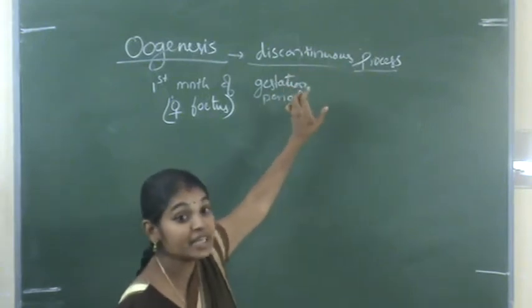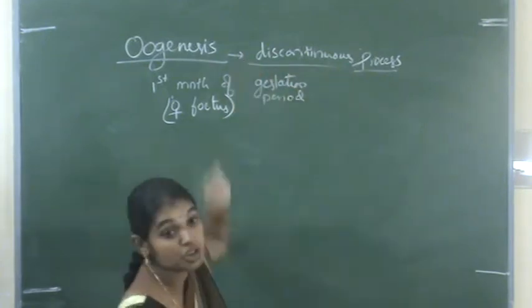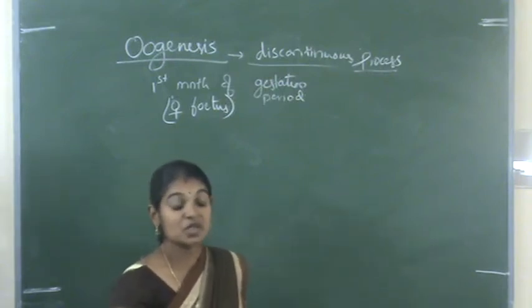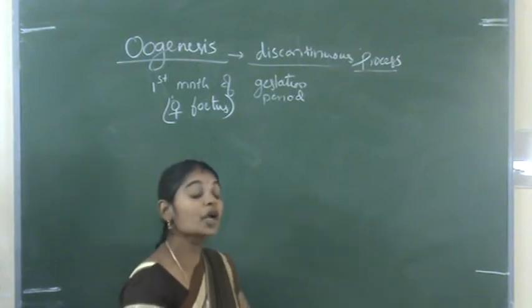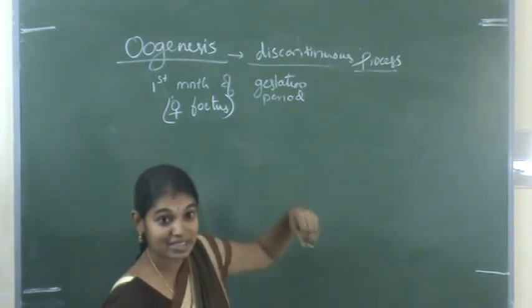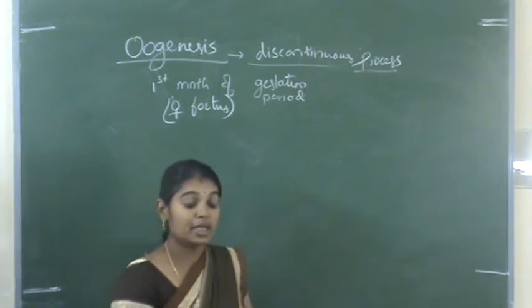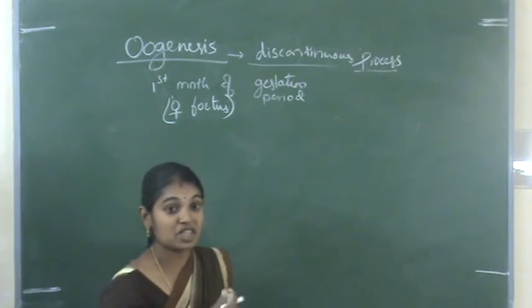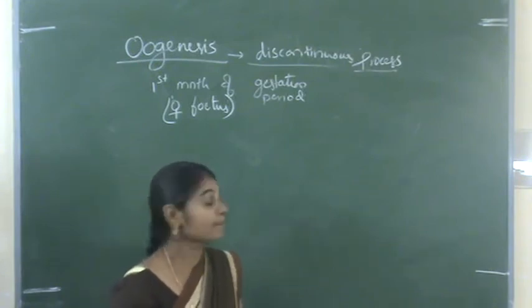So from that we take this oogenesis process, because organogenesis is going to be after the first month. That means in the first month itself the heart is formed. A little later we will discuss that in organogenesis, in which month which organs are formed.